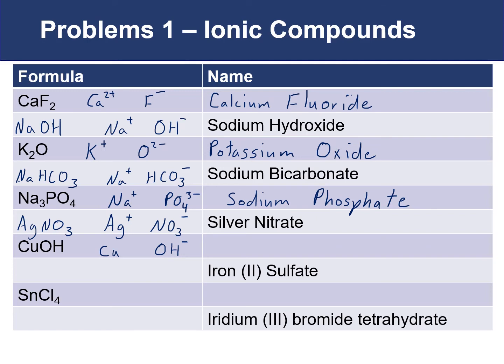Because it's a 1-to-1 ratio of the hydroxide and the copper, in order to balance out the charge, because there is no charge written here, they need to balance out, and so the copper will take on a +1 charge. So the name would be copper 1 hydroxide.